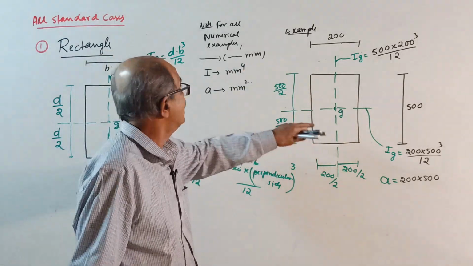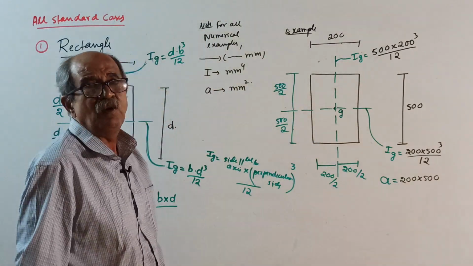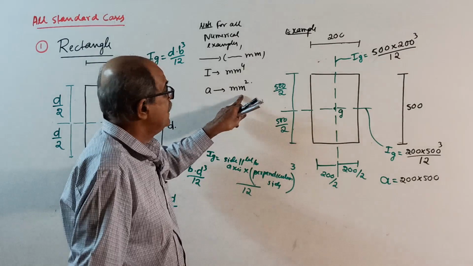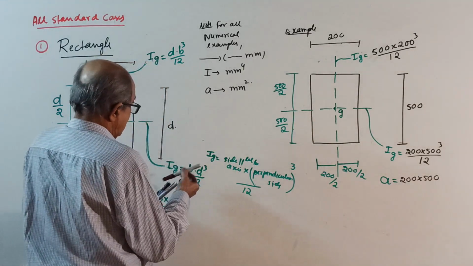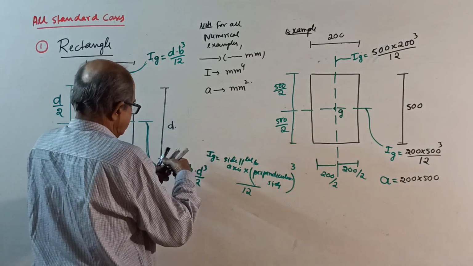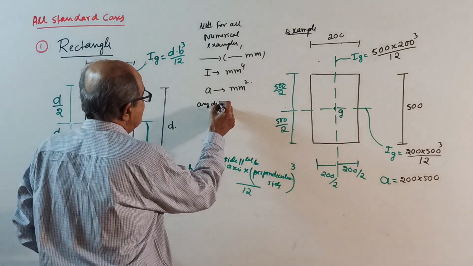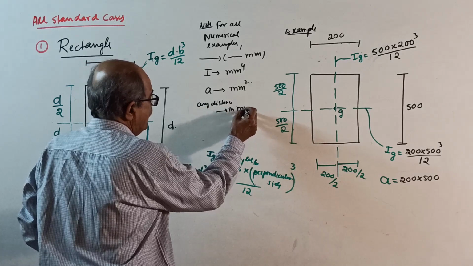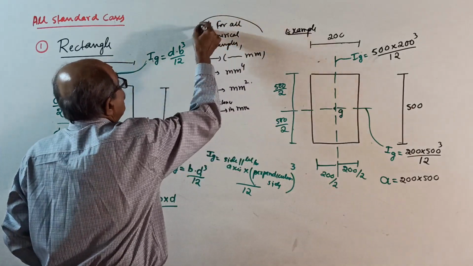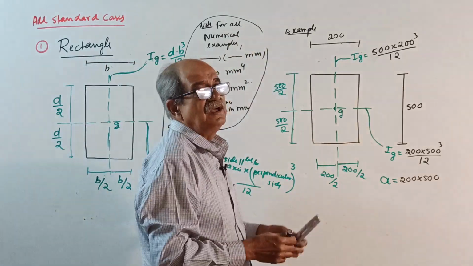Therefore, your I will be in millimeter power 4, area will be in millimeter square, and any distance you mark will be in millimeter. Understood. Now onwards, this is for today's entire class. Okay, start. You make a note.